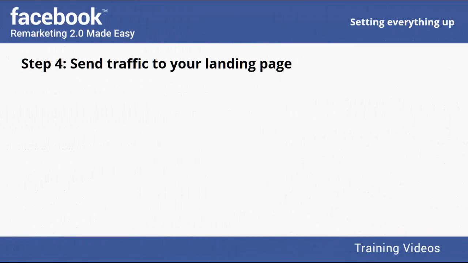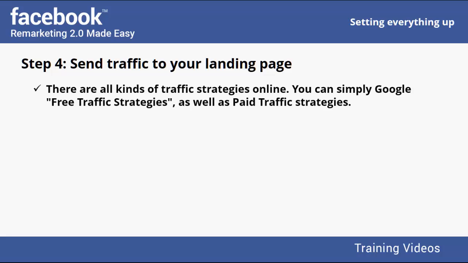Step 4. Send traffic to your landing page. Finally, to get email subscribers to build up your customer file, you need to send traffic to your landing page. There are all kinds of traffic strategies online. You can simply Google free traffic strategies, as well as paid traffic strategies. Among the most effective ones are the following.